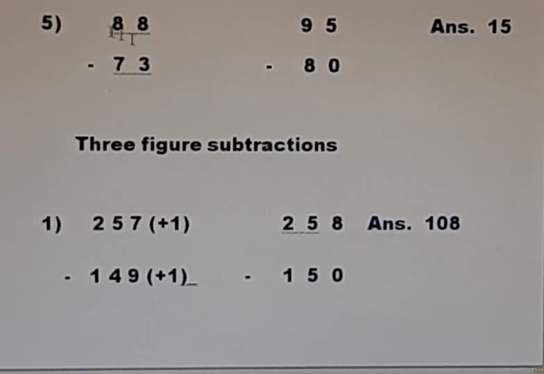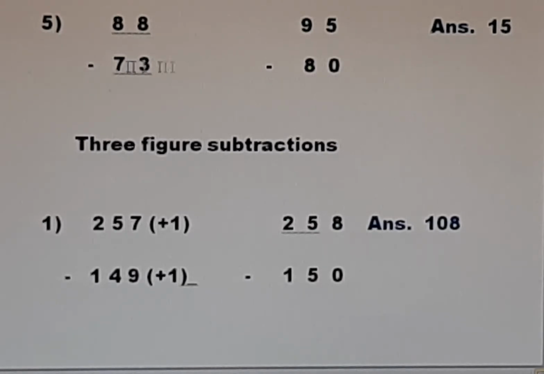Now the fifth one is 88 minus 73. The first step is to find out which one is the higher number, this, and which one is the lower number, 73. You have to just check. You can minus 7 from 8, yes. You can minus 3 from 8, yes. I am just giving an example that if you find this, then you can do it very easily.